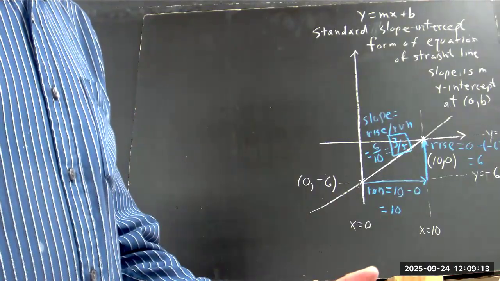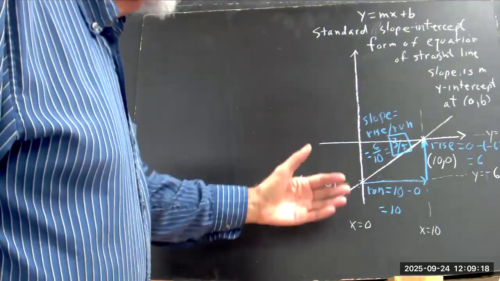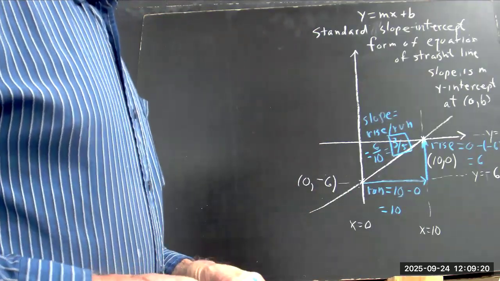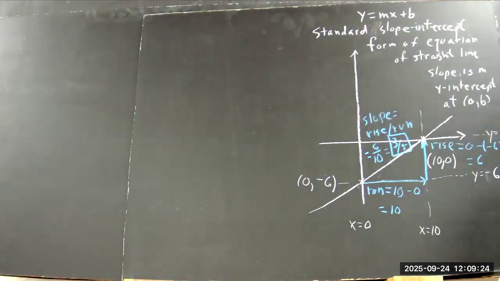In other words, the y-intercept. Okay, there it is. So can you write the equation of the line? I'm going to give you just 30 seconds to do that. You might want to digest what I said, so I'll give you maybe a minute. Just want to see how many people can write the equation.